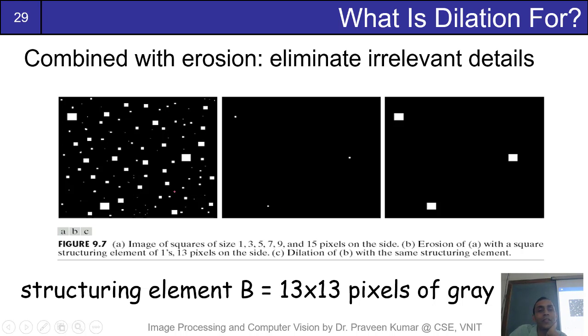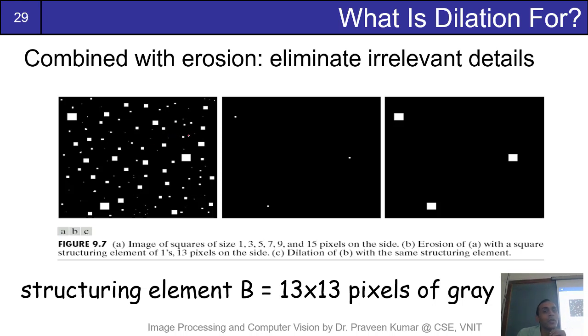So if you have this, suppose we want to, this is a similar problem that we discussed earlier. If you are only concerned with objects of larger, significant size, and we want to get rid of the smaller things, what can we do?